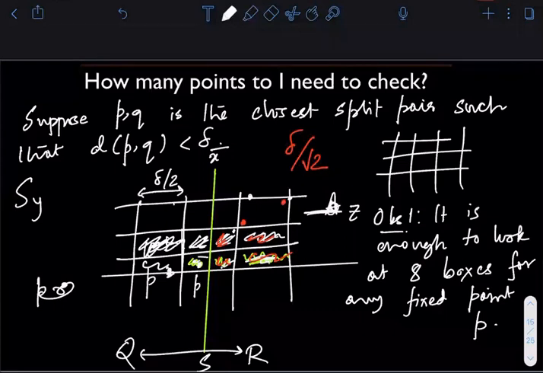Why is that? Because remember, I'm only focusing on the point set S. I'm not going beyond that. I've restricted my X coordinates only inside this narrow strip, which I call S. So if I just take the sorted order and I check P against the next 7 points, then that is enough for me. I don't have to go beyond that.